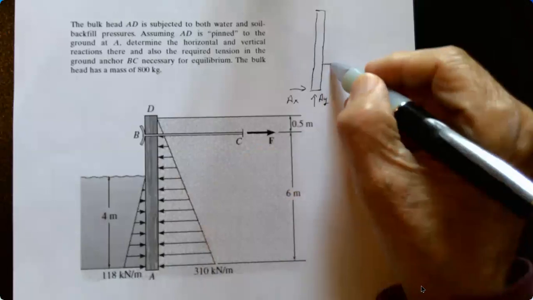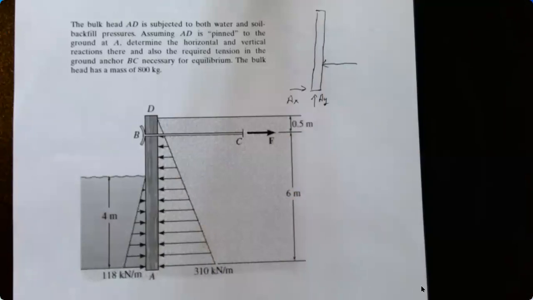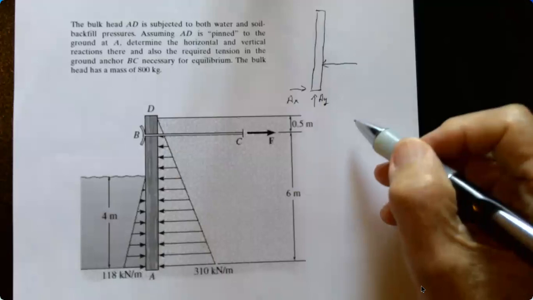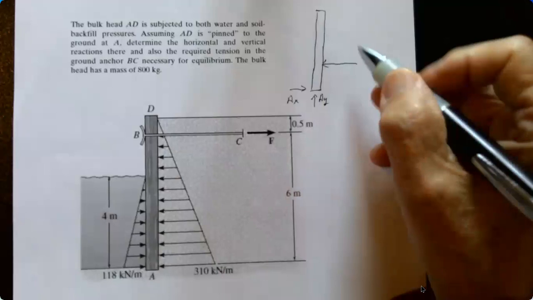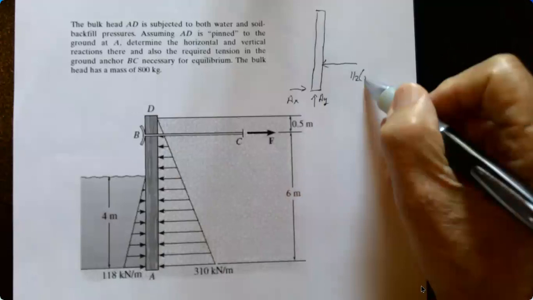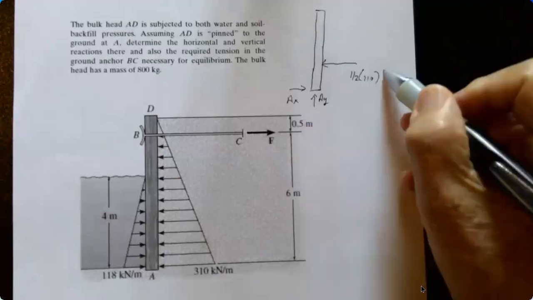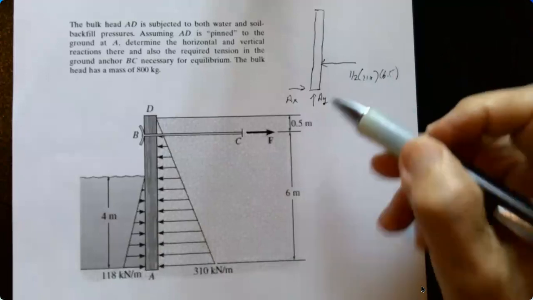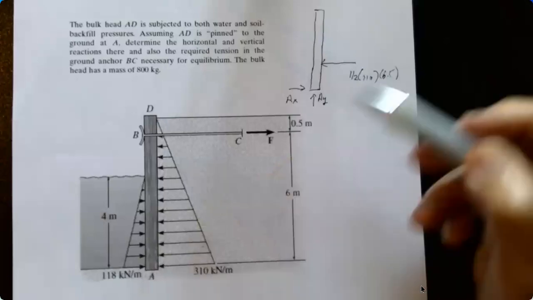So I'm going to have a horizontal force here, and it's going to be the area of this triangle, which is 1/2 the base, which is 310, times the height, which is 6.5 meters. Okay, see what we did? 1/2 base times height. We've done the triangular loading previously, so it's just 1/2 the base.